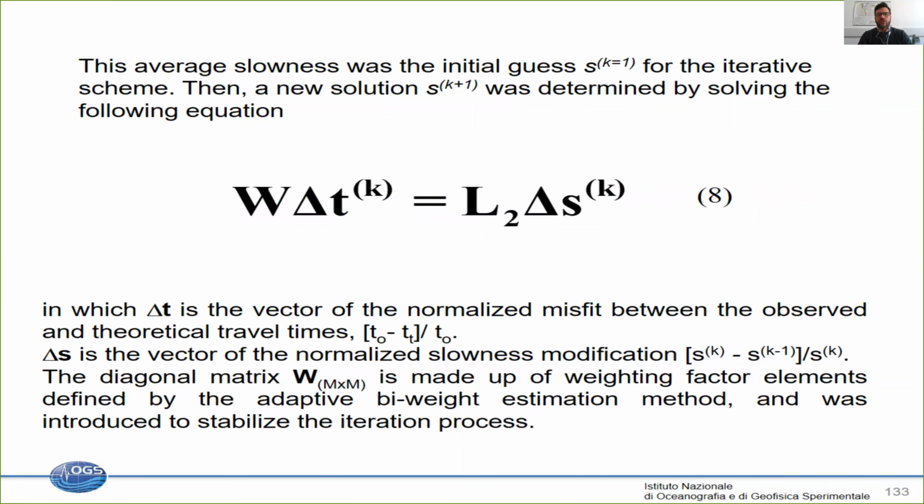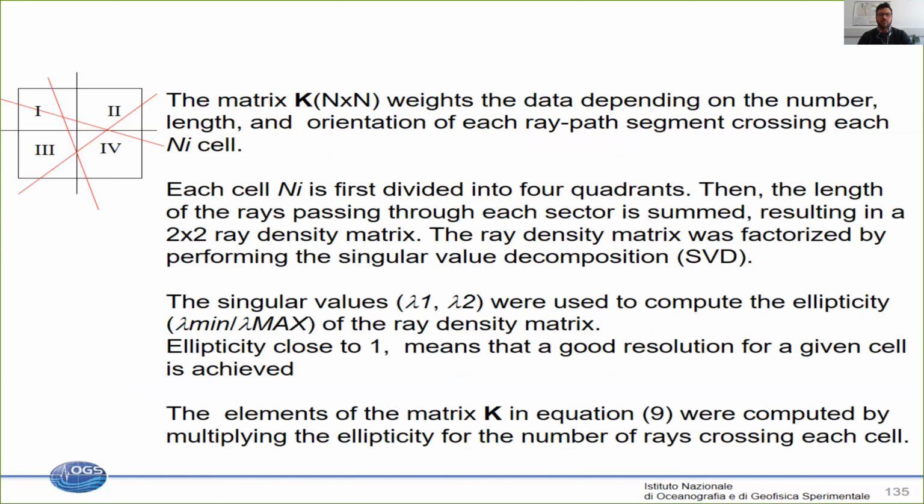Okay, we had to find some solutions, so we also applied some weighting for the data and so on. This, maybe we can skip. Also, we were weighting the fact that it's very important that the rays do not always cross the cell in the same direction.